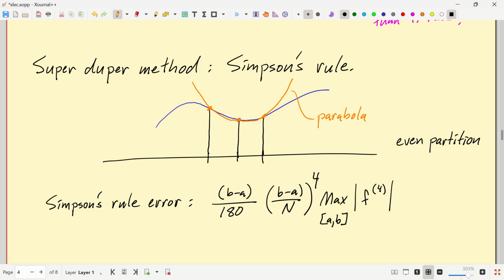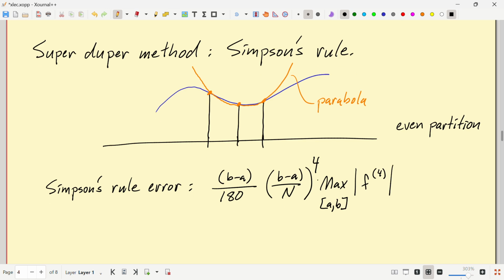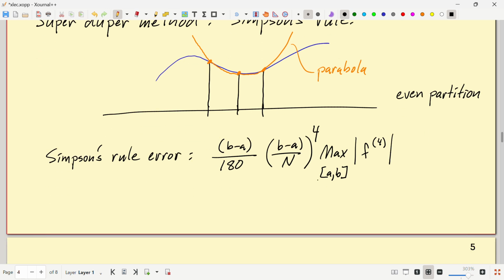Let's see. Yeah, so the book describes those things. I could have been much more careful in my trapezoid rule. You see that 180 in the denominator there? I could have gotten a 12 in my denominator if I wanted to be super careful. And in fact, there are sort of super mean value theorems that can be used in these things.